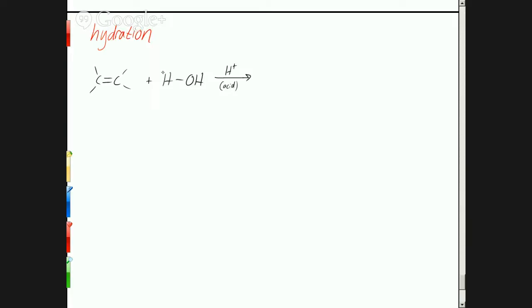So if that's done, the hydrogen goes to one carbon and the OH goes to the other carbon, just like the HH. Same thing we just did, but now it's with H and OH. So now this product is going to be like this. And that's called hydration.